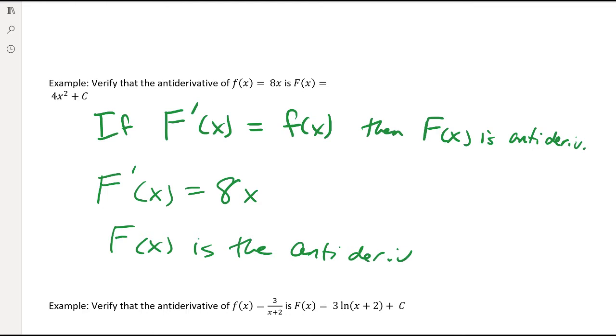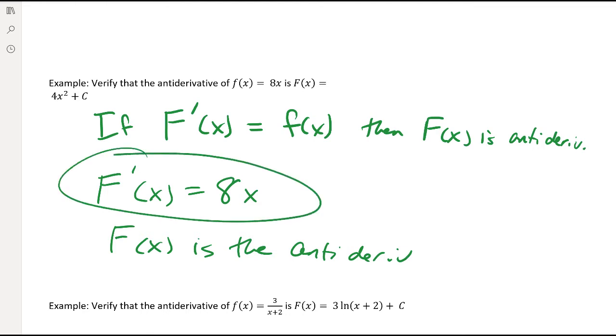Later in the video, we'll get into how we actually calculate that function. But big F of x is the antiderivative because its derivative equals little f of x.